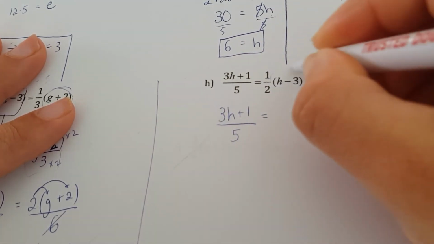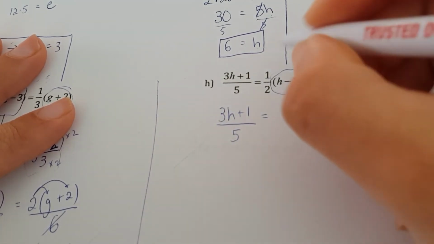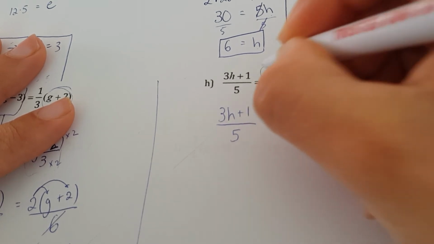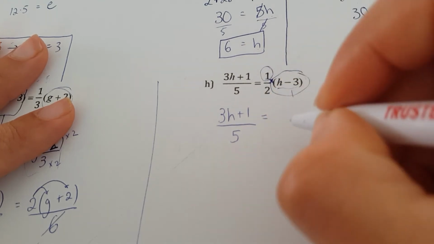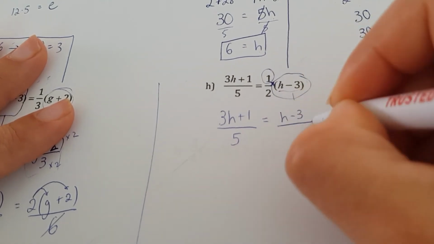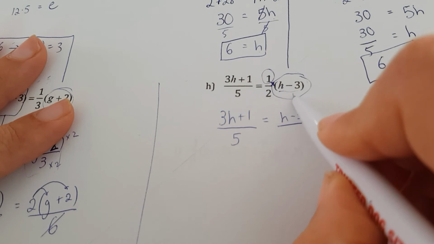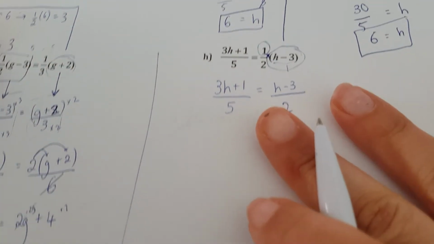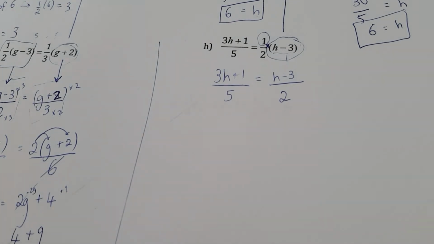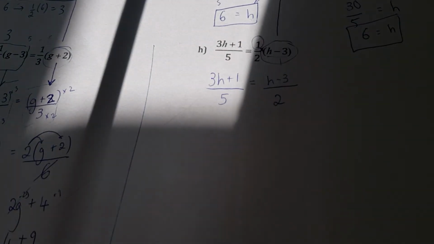But this side I need to arrange it. It's (h minus 3) times numerator, because this is on 1. So (h minus 3) times 1, which remains h minus 3. And denominators we have 2 times 1, which remains 2. And this is easy. So again, try it out. You have 2 minutes. Use whichever method you want.